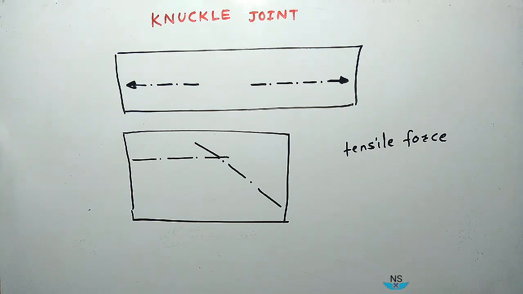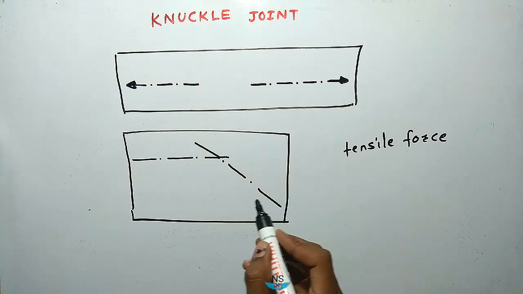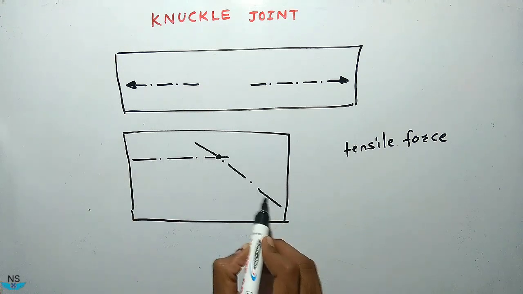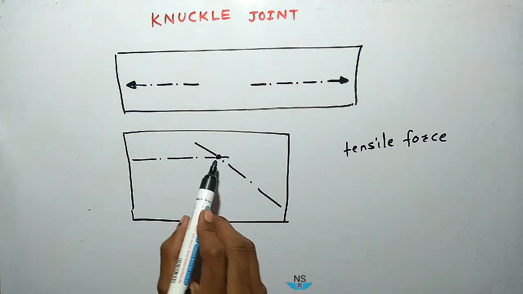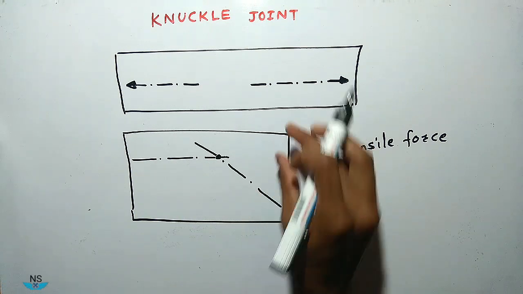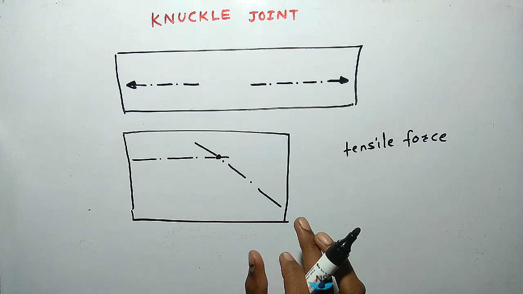Now the construction of this joint permits limited angular movement. From these two axes, we may conclude that there is some limited angular movement of this axis. So it is permitted in knuckle joint.